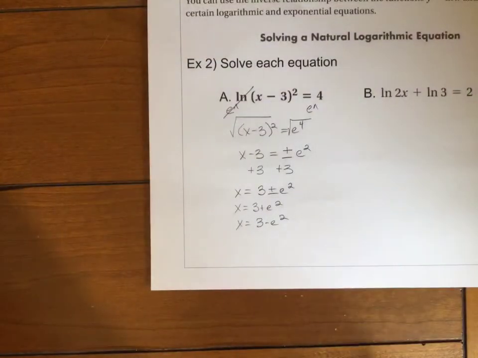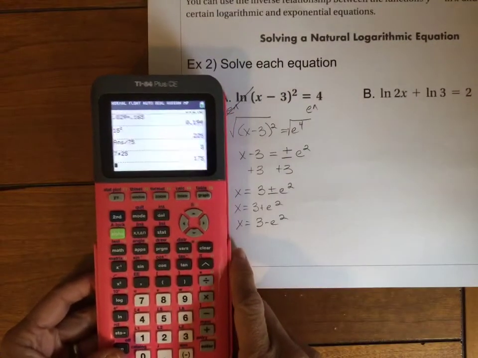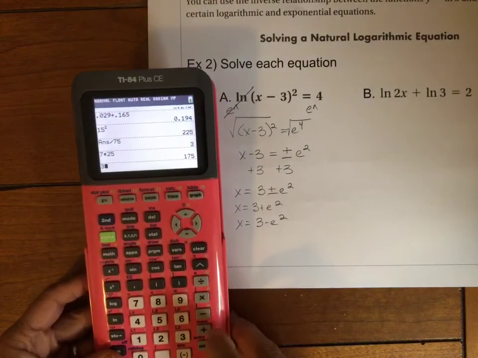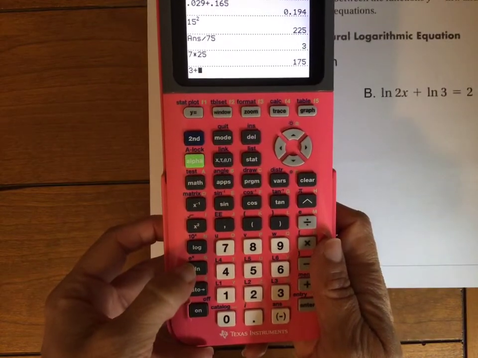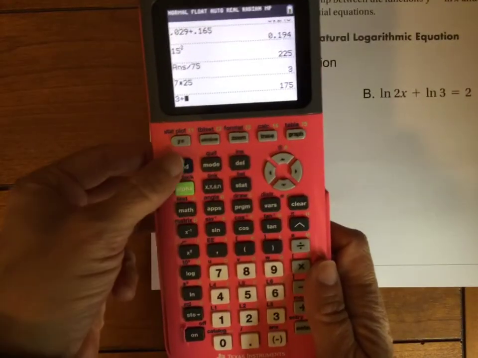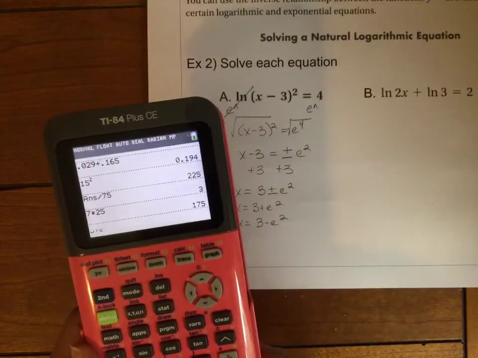I would prefer, when you get to pre-calc, that you leave your answers in exact form, but this book does it differently. So I'm going to have 3 plus, now notice right above this natural log, there's a little e to the x. So you're going to use your second natural log and then put a 2 up there.